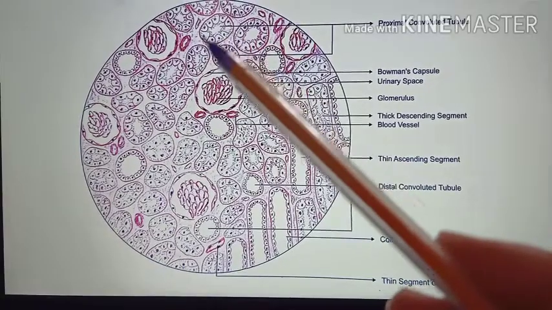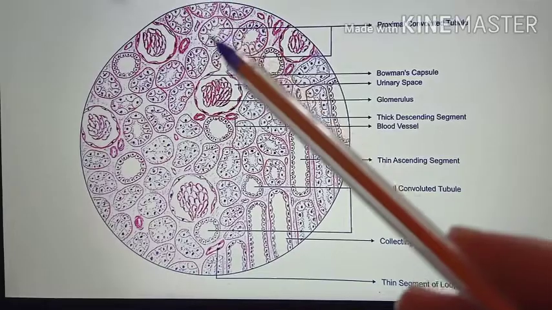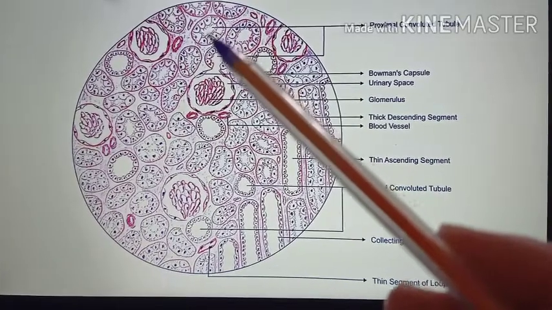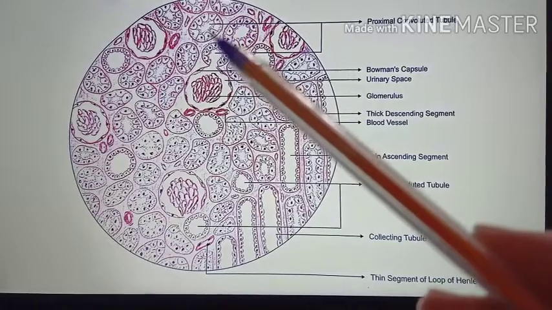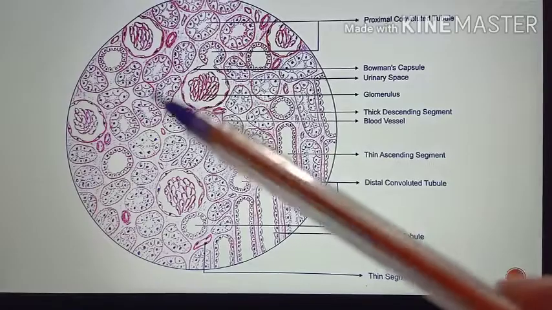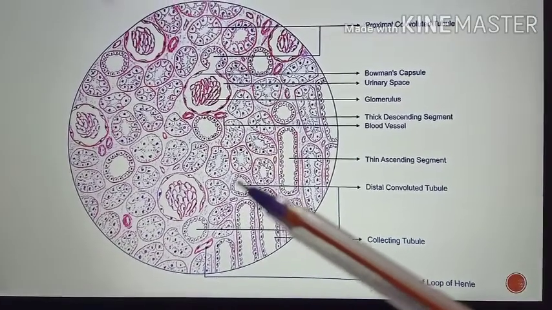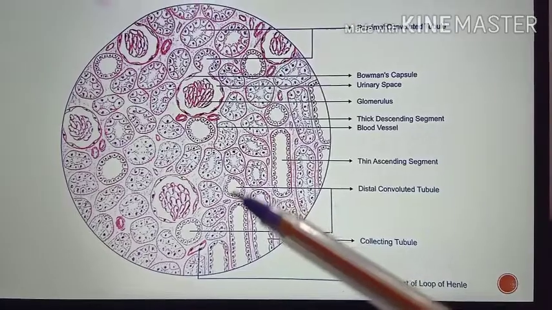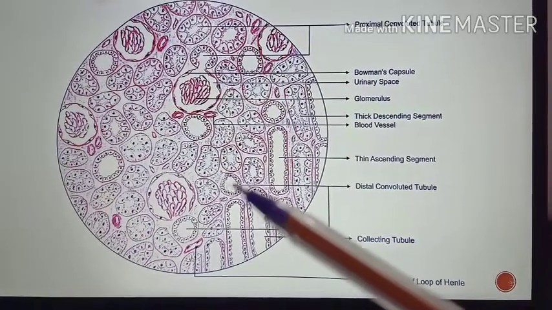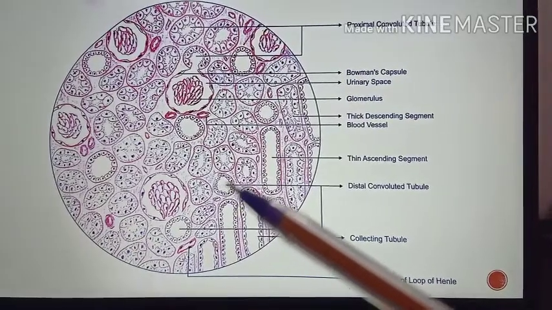It should be more eosinophilic stain. Then you have the brush border, the microvilli, close towards the lumen, then a small lumen, and the nucleus of the cell is present in the center. In the distal convoluted tubule, you can see a large lumen, it should be pale stained compared to the proximal convoluted tubule, with absence of brush border, that is absence of microvilli.